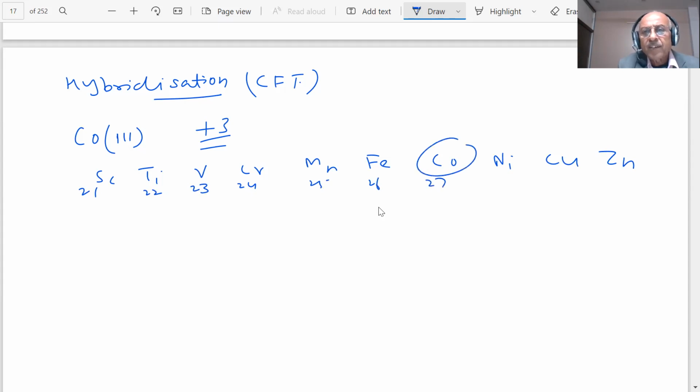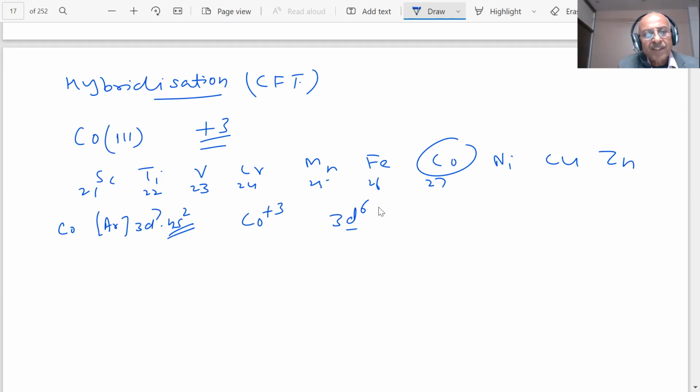So cobalt is 27, which means the configuration is argon core. Electron configuration of cobalt is 3d7 4s2. Now when cobalt is +3, what does it mean, students? Two electrons go from this and one from this, so this is 3d6.